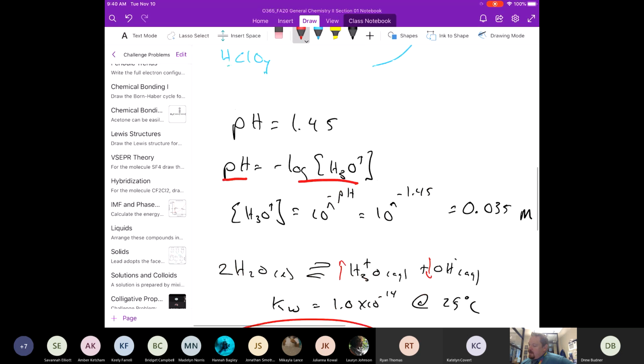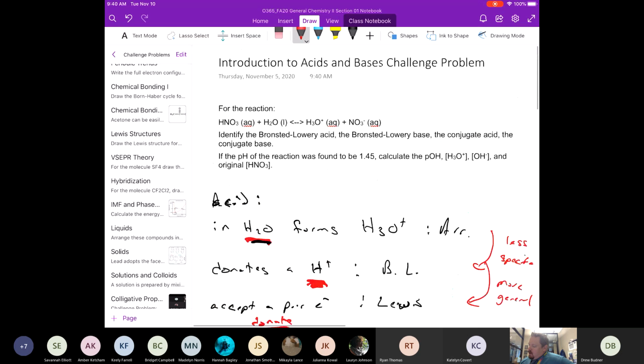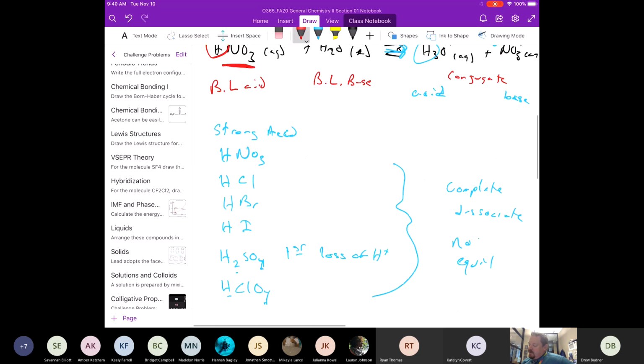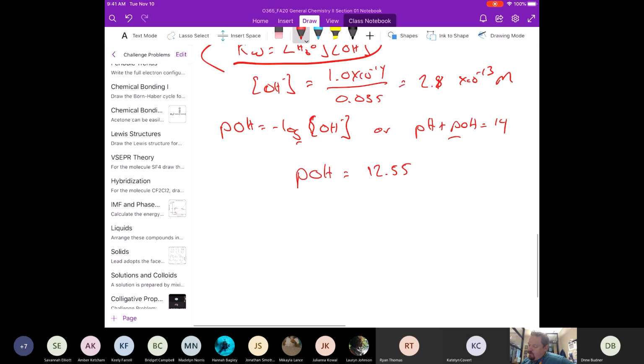All right. So if we go back to what else we need to solve for. We got the pOH, we got the H3O plus, we got the OH minus. Now we need the original HNO3 concentration. That's where this comes in, because this is a strong acid and it completely dissociates.